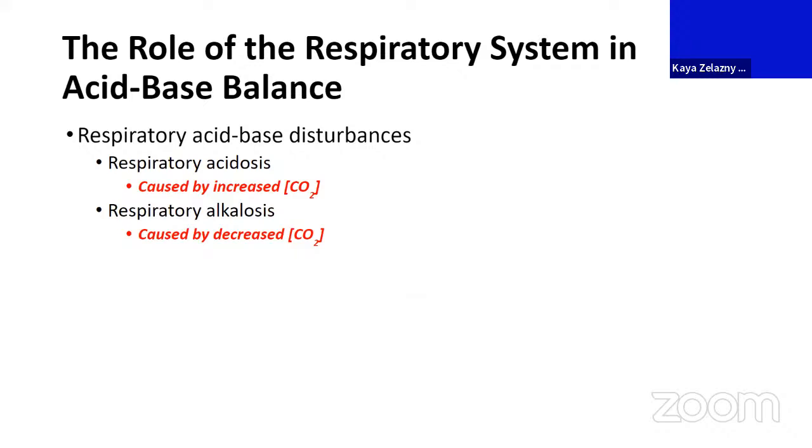Okay. So you can end up in respiratory acidosis if you have an increase in carbon dioxide. Carbon dioxide, ultimately, you want to think of as acting as a biological acid, right? So extra carbon dioxide is going to make stuff kind of acidic.